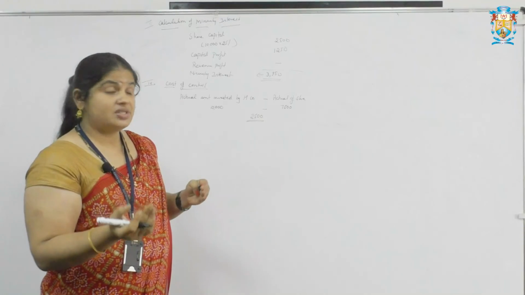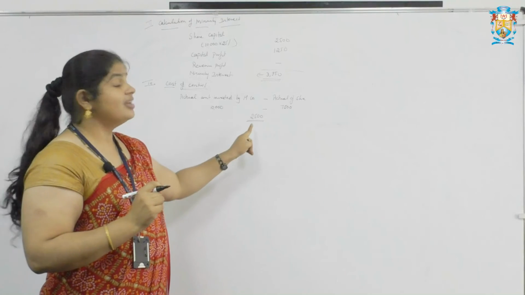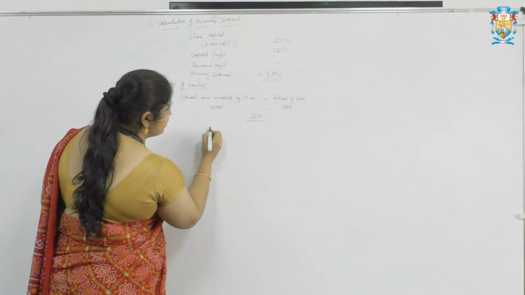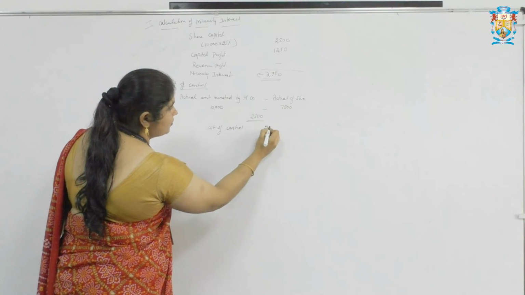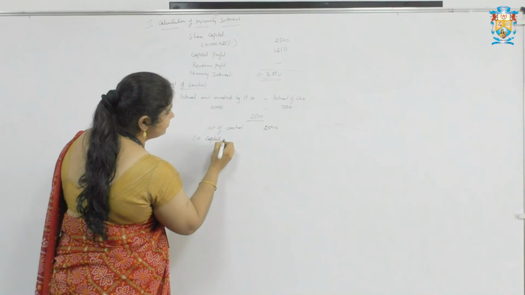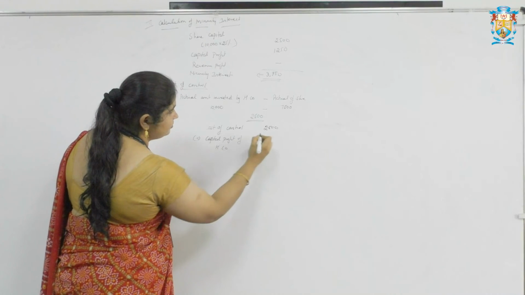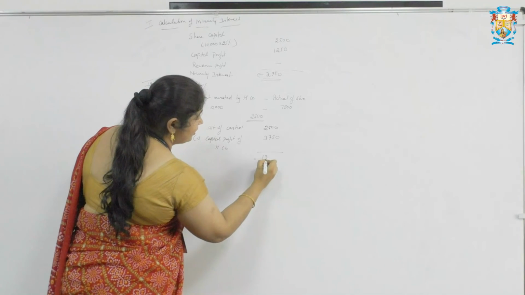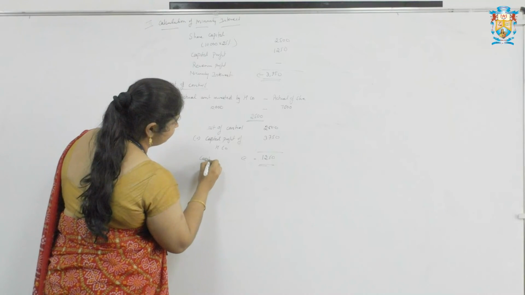So by using that amount, I can easily reduce the cost of control. Just write cost of control 2,500 minus capital profit of H company 3,750. That is minus 1,250. So this is considered as a capital reserve.